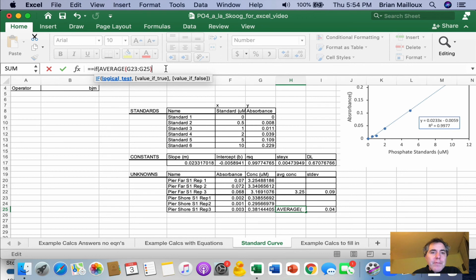So you say, if this average is less than the detection limit, then you have to call it non-detect. And then else, you put in this average. Let's put this in. Let's see if this works. This is going to be a much better way to do it.